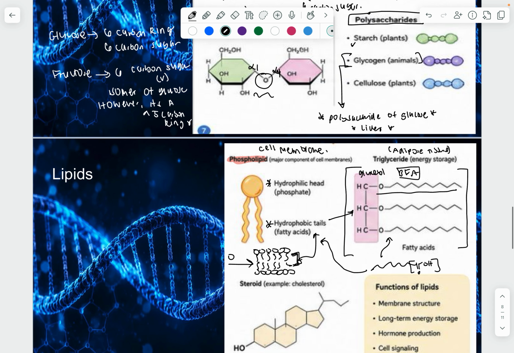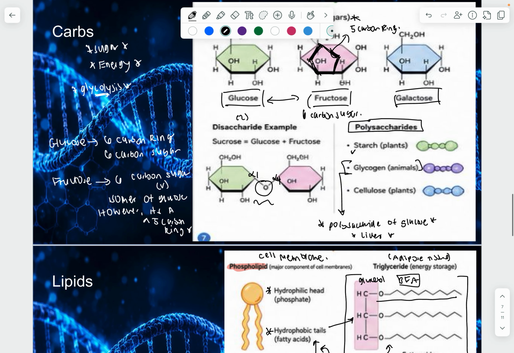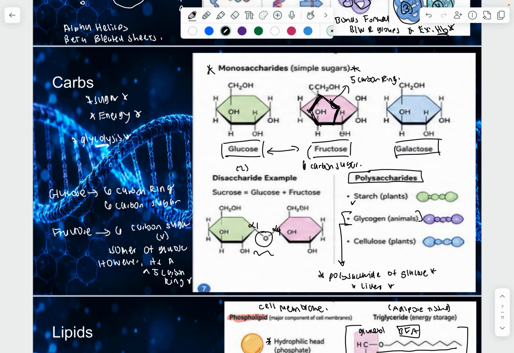So if we take it a step back, when I'm looking at carbs, initially when I want fast energy, I have glucose from my meal. I use that glucose that I just ate from a meal to give me energy through glycolysis. What happens after, say if I'm fasting for a few hours, is that glycogen, my glucose stores, will break down.